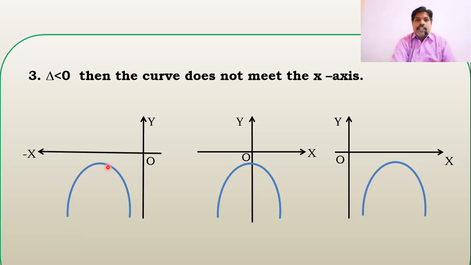First case, if delta is greater than 0, then the curve intersects the x-axis at 2 points. Similarly, if delta is equal to 0, then the curve just touches the x-axis, and if delta is less than 0, in that case the curve does not touch the x-axis. Okay, students?